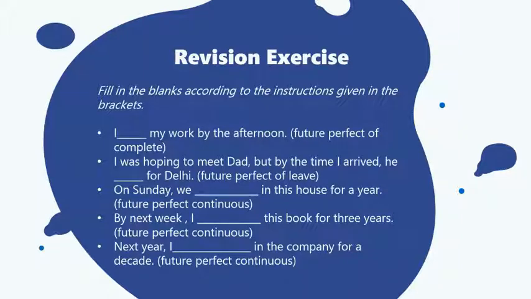On Sunday, we dash in this house for a year. You have to use future perfect continuous tense. Second last example, by next week, I dash this book for 3 years. And the last example, next year, I dash in the company for a decade. Future perfect continuous tense.